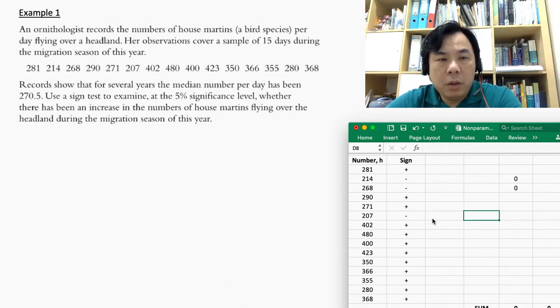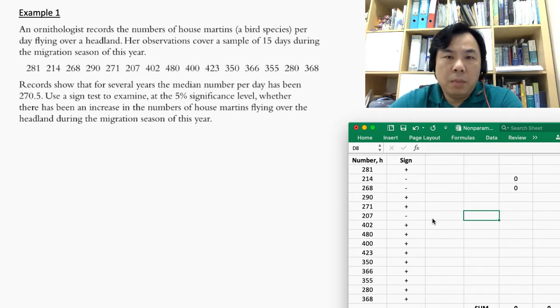Now, records show that for several years, the median number per day has been 270.5, which means on average there are about 270.5 house martins flying over that region. Now, 270.5 is just a mathematical value. In general, birds cannot be 270.5, right? So this is just an average measurement.